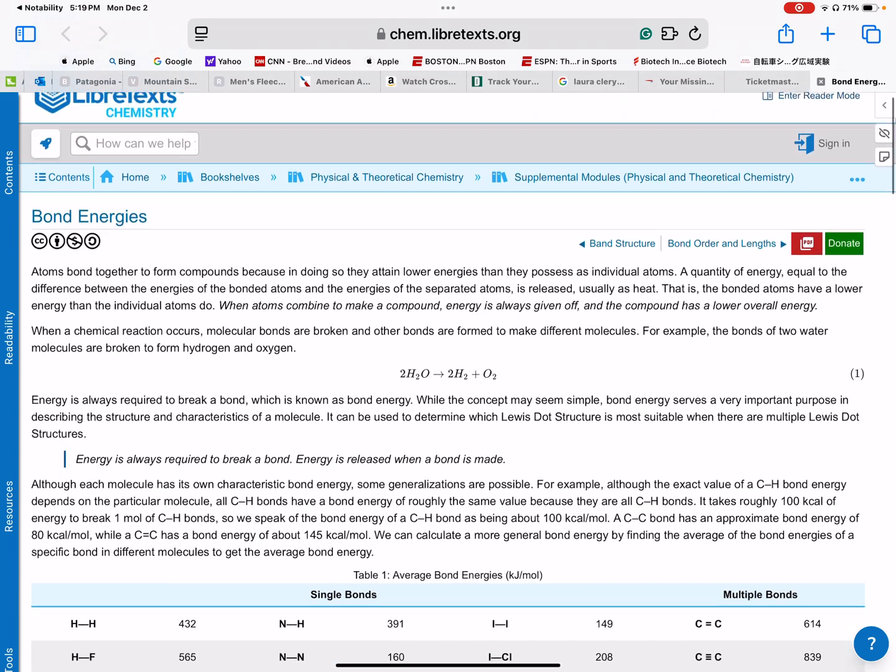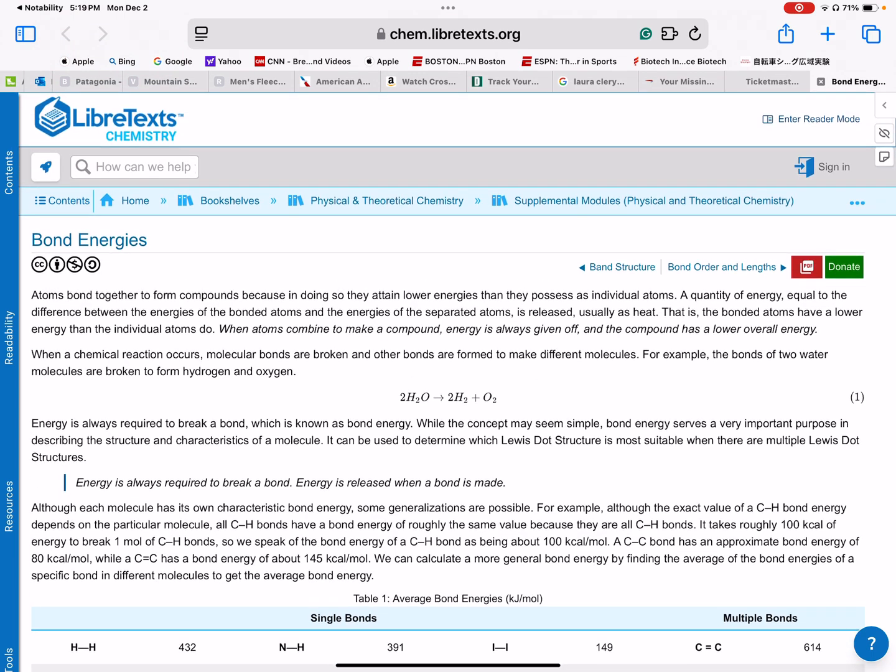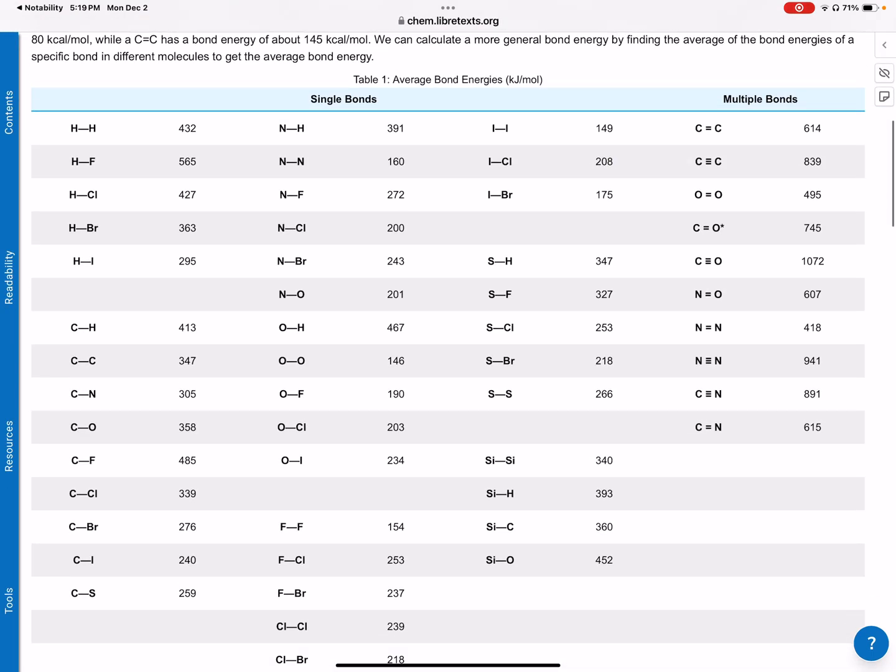You can also Google a particular bond. Just keep in mind that you Google the right bond, the right 2 atoms that are being connected, and that you keep an eye out for the multiple bonds. If it's a carbon-carbon single bond, its bond dissociation energy is going to be very different than a carbon-carbon double bond or a carbon-carbon triple bond. And that goes for any of the elements.